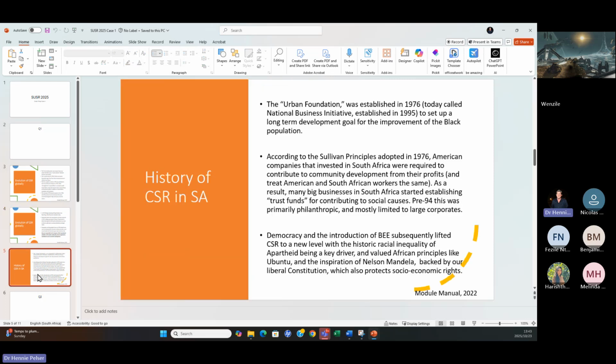Right. So other bits and pieces, guys, and you can see the other parts from a South African perspective.